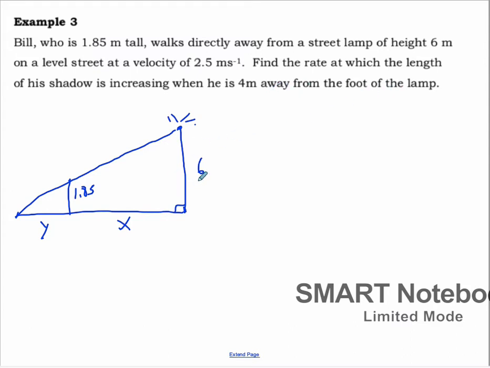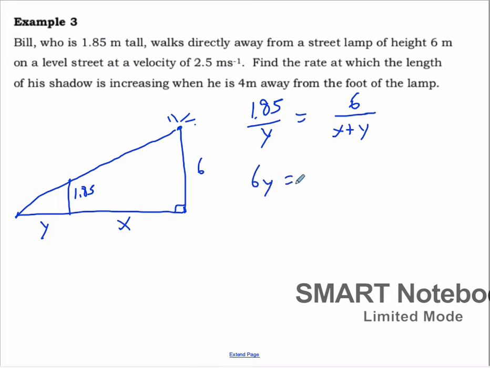We need an equation. We can make one because we have similar triangles here. In the small triangle, we have 1.85 over y equals 6 over x plus y. That's our equation. It's not so great with all these fractions, so I'm going to cross multiply.